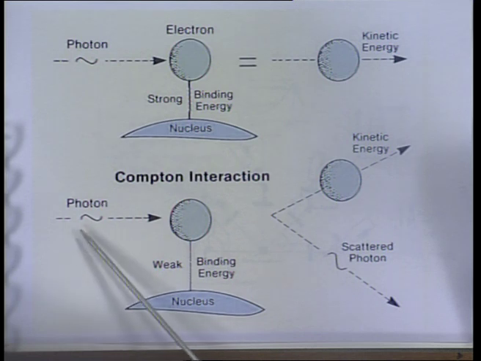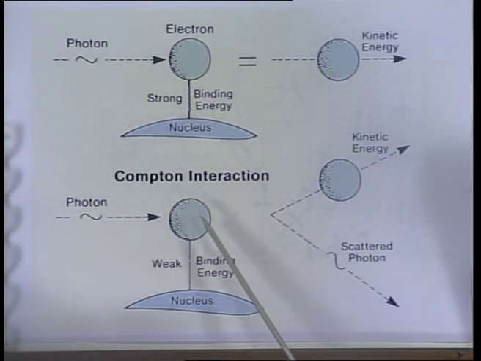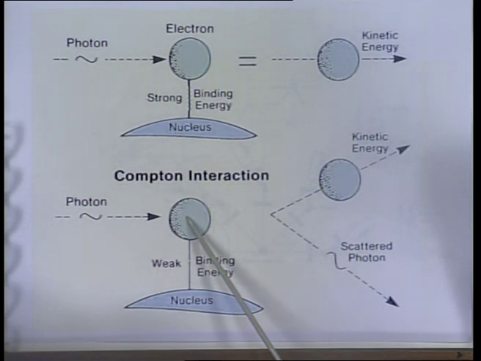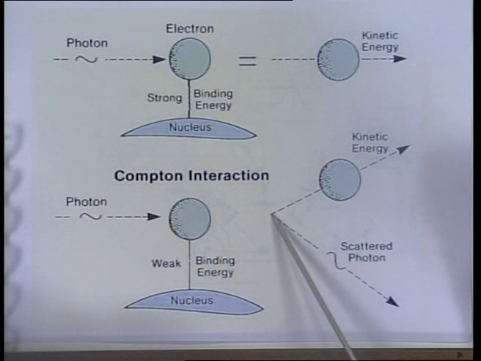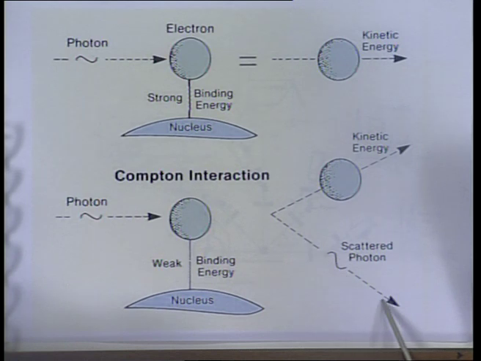Here the photon is interacting with the weakly bound electron and a part of the energy is transferred to the electron, and the remaining part of the energy is scattered as a scattered photon.